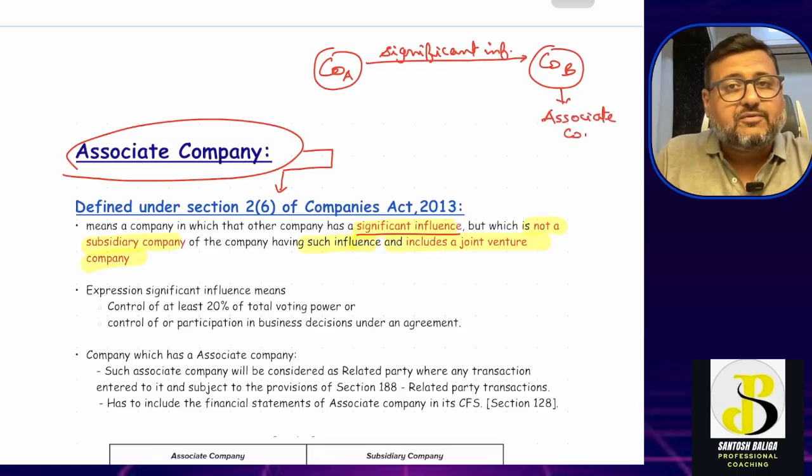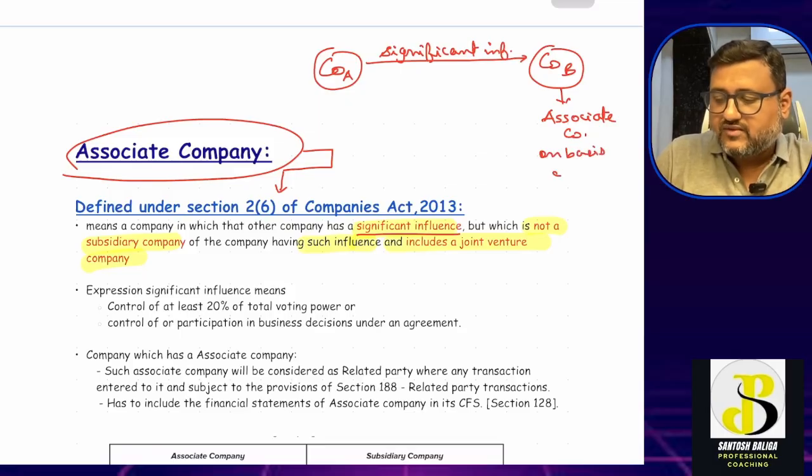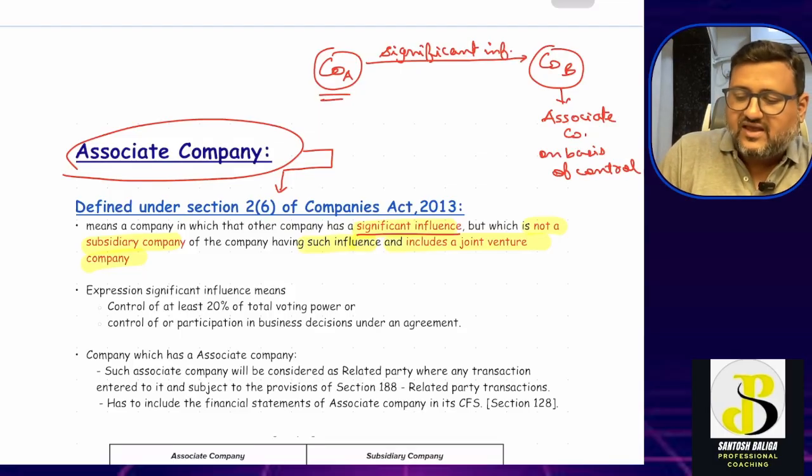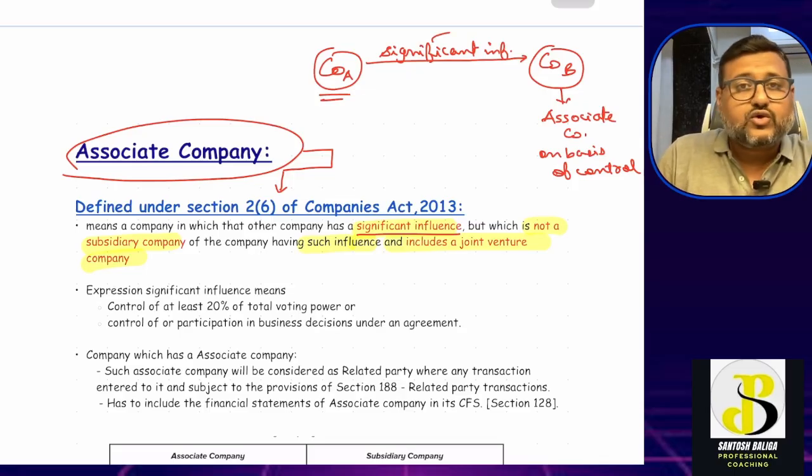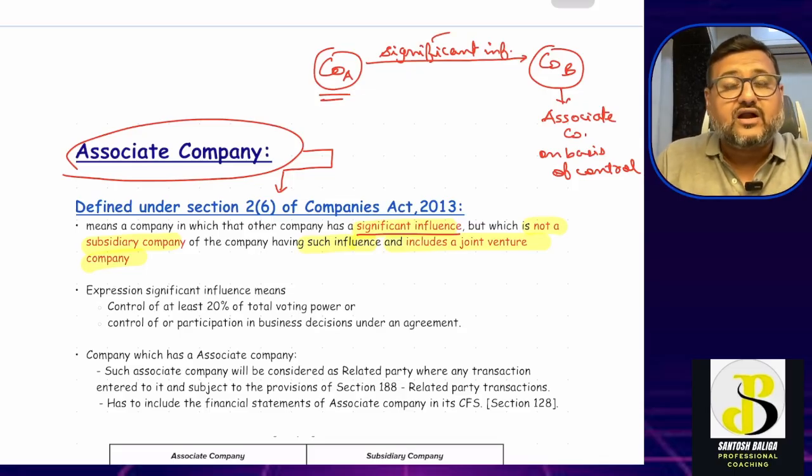This type of company comes from a categorization on the basis of control. Since company A has significant influence, it has some amount of control over company B, and hence it can categorize it as an associate company.